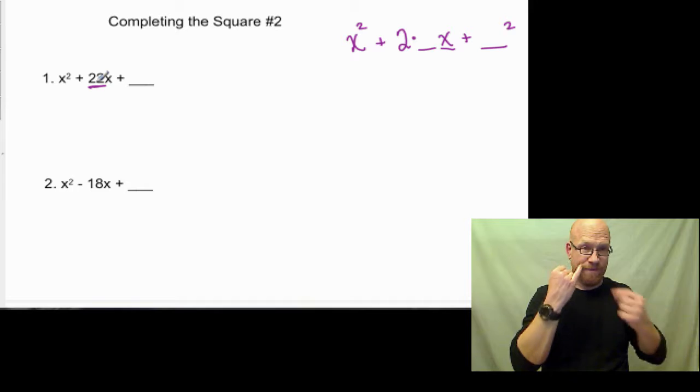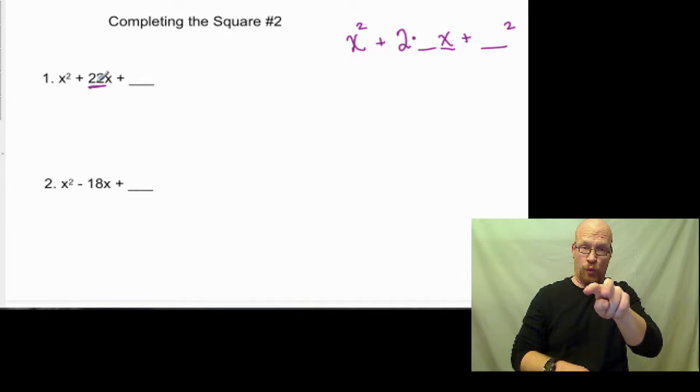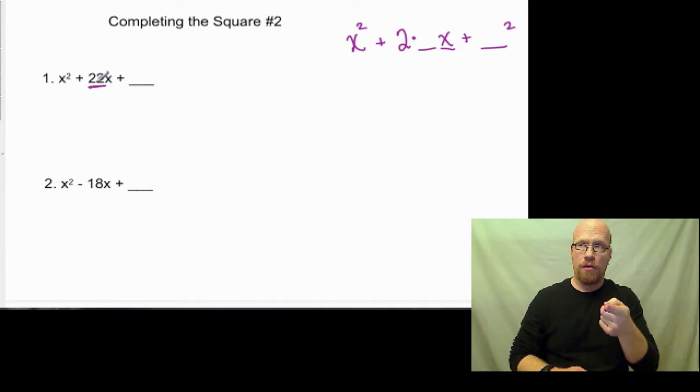So if that's our pattern, now 22 has already been doubled in our model.